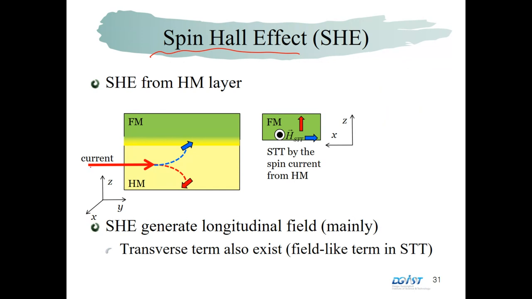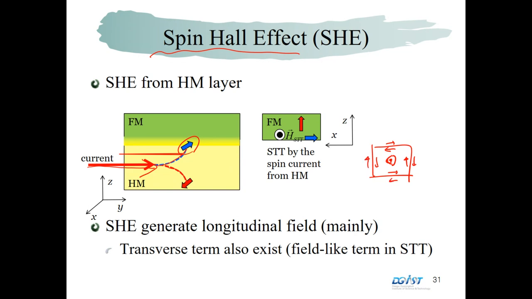Anyway, when the current is flowing in this direction, the y direction, there is a kind of spin current. In this cross-section view, if the current is coming out of the screen, we have a spin current in this direction, or maybe the other direction.